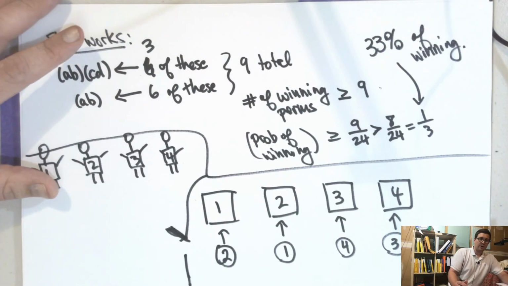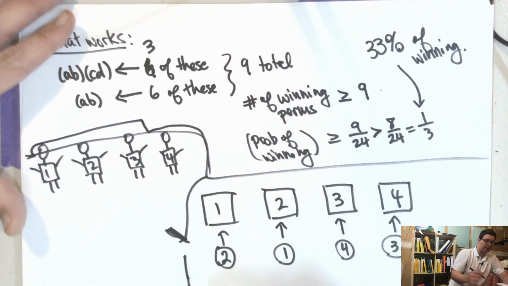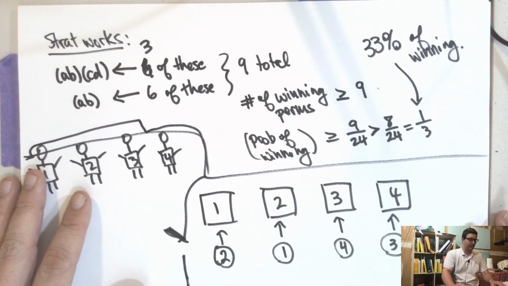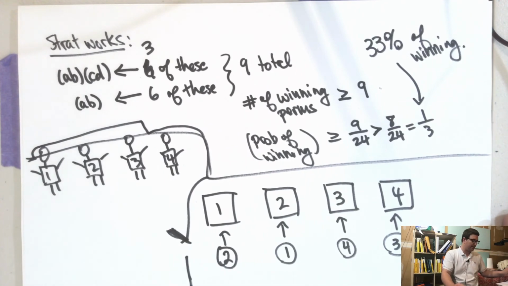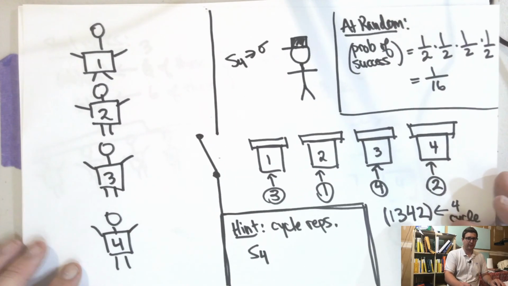Okay, so this is a winning strategy for 1/3 of the permutations, and you're assuming that the warden here does not have an affinity for cyclic permutations, right?